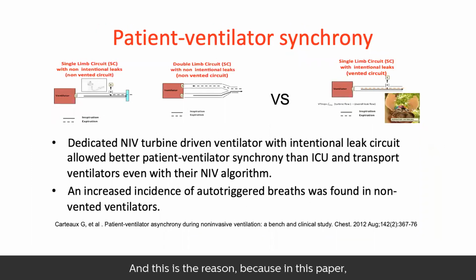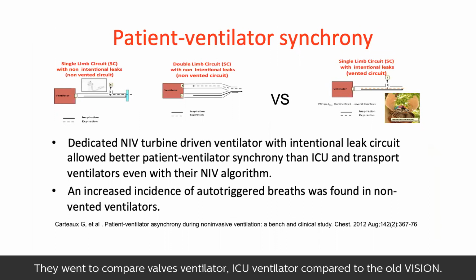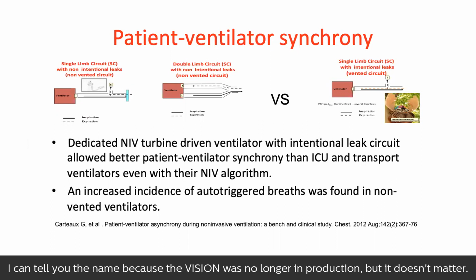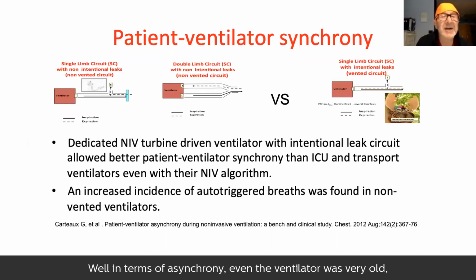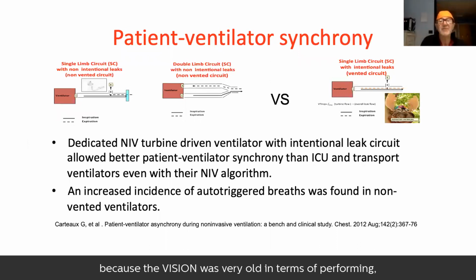And this is the reason because in this paper, again, the group of Brochard 2012, they went to compare valve ventilator, ICU ventilator, compared to the old Vision. I can't tell you the name because the Vision was no longer in production, but it doesn't matter. Well, in terms of asynchrony, even the ventilator was very old because the Vision was very old.